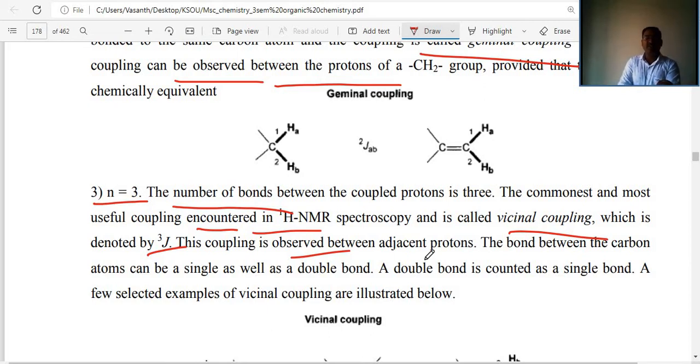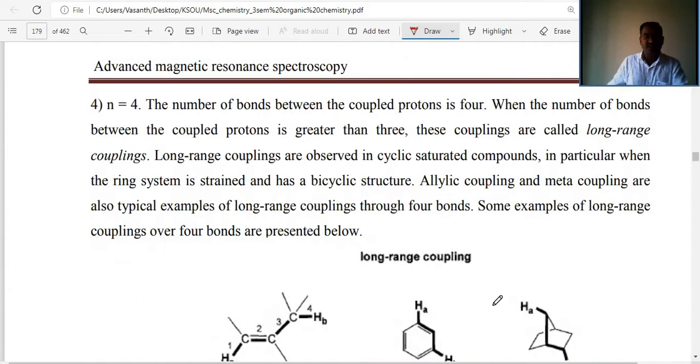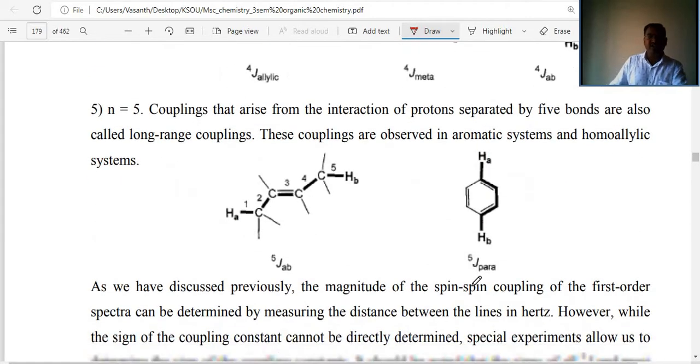The bond between the carbon atoms can be single as well as double. A double bond is encountered as a single bond. This is vicinal coupling; if n is equal to 4, we are going to take n is equal to 5.